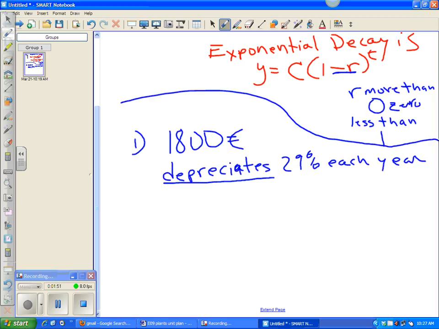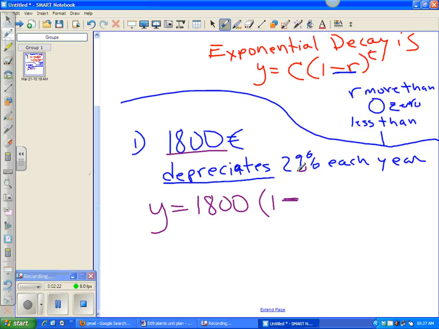Okay, so I'm going to use my exponential decay formula in order to write this down. I'm going to go y equals, well, how much was it worth initially? Initially it's worth 1,800 euros, times 1 minus, because we're doing depreciation, and depreciation means less, 29%.